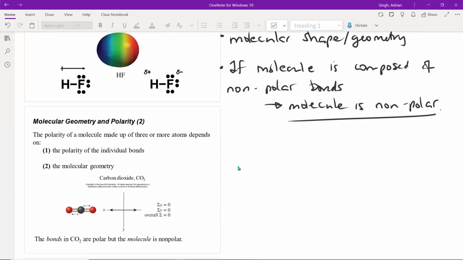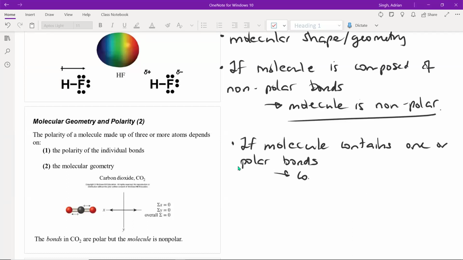The situation becomes a little bit more complicated now if the molecule contains polar bonds, so one or more polar bonds, then we need to consider the shape of the molecule.